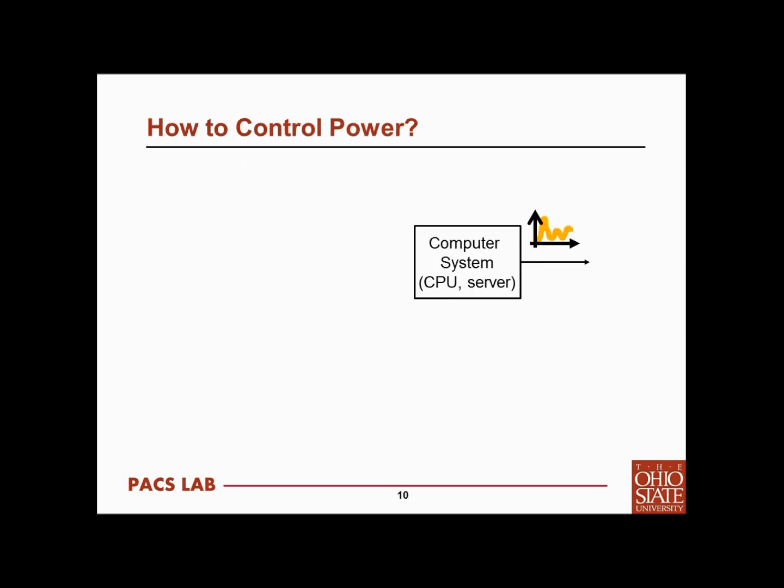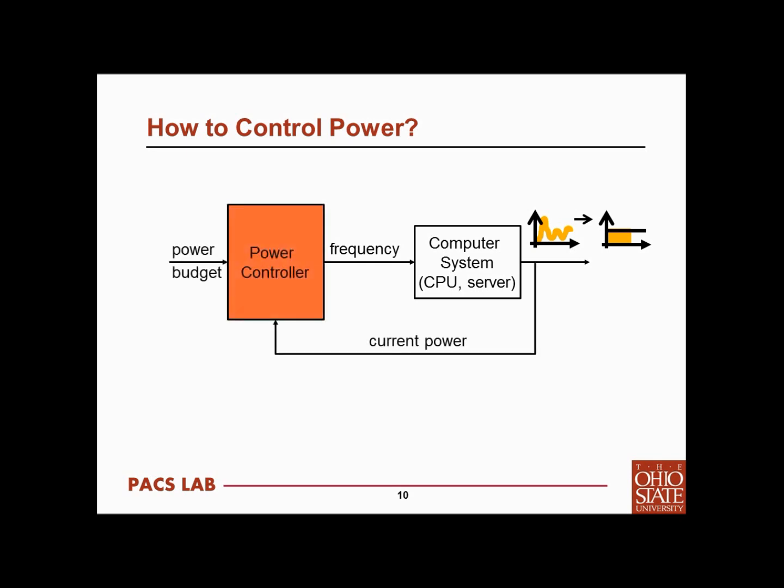So far, we've learned that a computer system usually has an irregular power profile, and by dynamically changing the frequency of the processor, we can change the power consumption of the system. Our goal is to control the power consumption of the system, never going higher than a certain value.